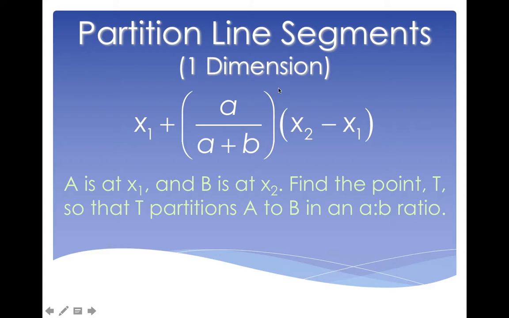Since we're only using a number line, remember that a number line is typically horizontal. We can start at 0 and go 1, 2, 3, 4, 5, and so on, and over here we can go -1, -2, -3. When we're talking about partitioning a line segment, we're saying that if I start a line segment here and it ends here, and I give you a certain ratio of that line segment, how can I figure out the length from this part?